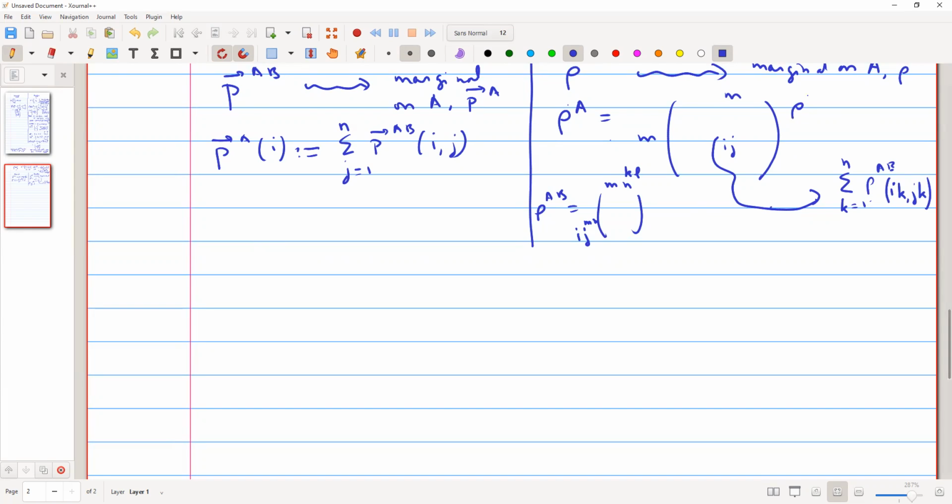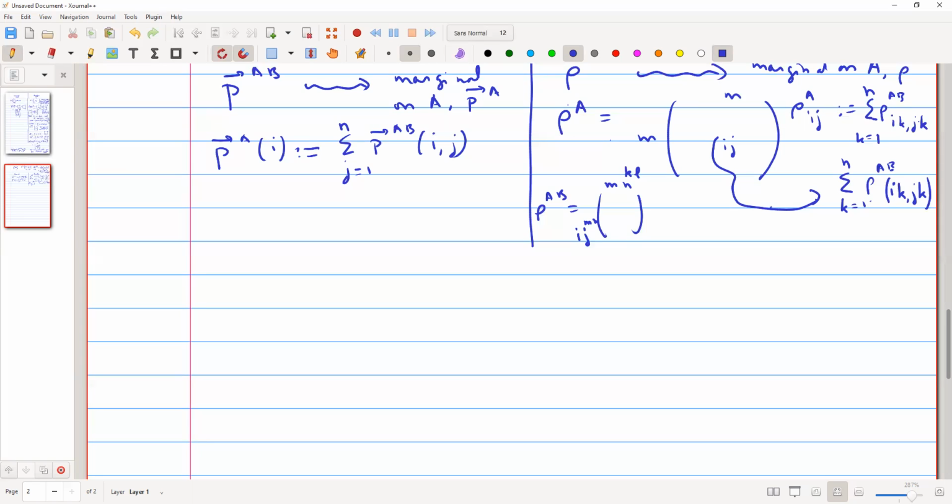In other words, all that I'm saying is rho A ij is defined to be the summation k equal to 1 to n of rho AB ik, jk.